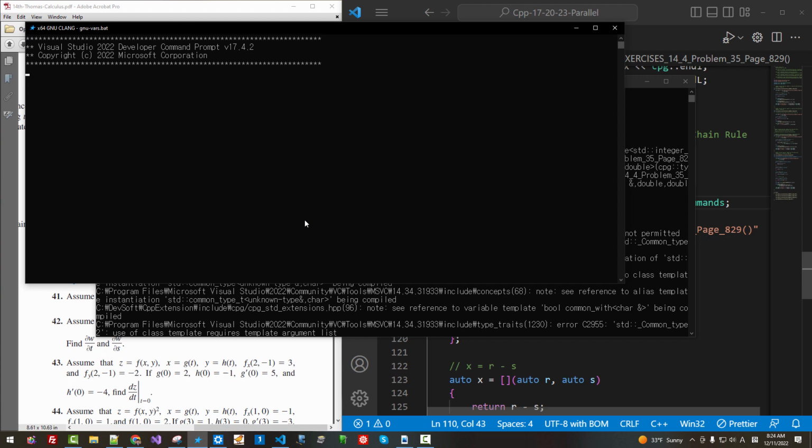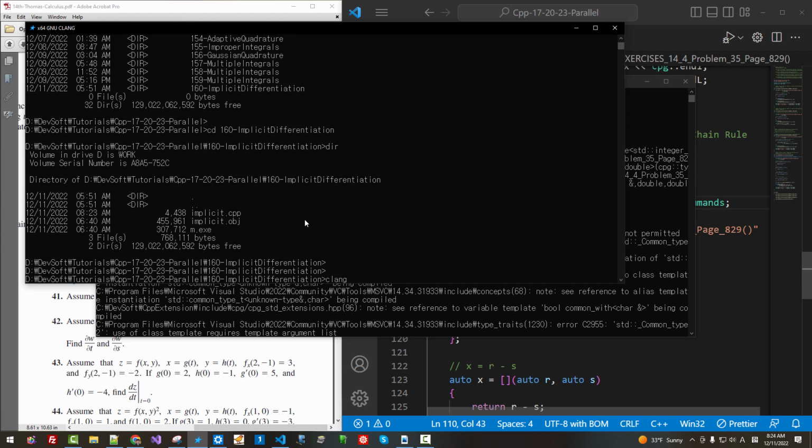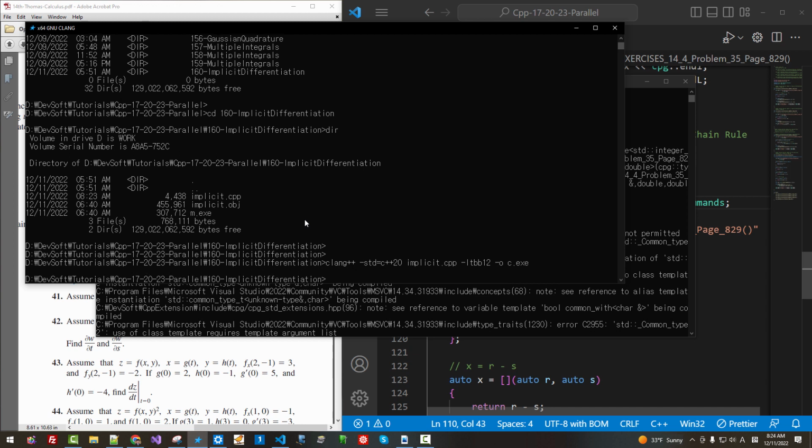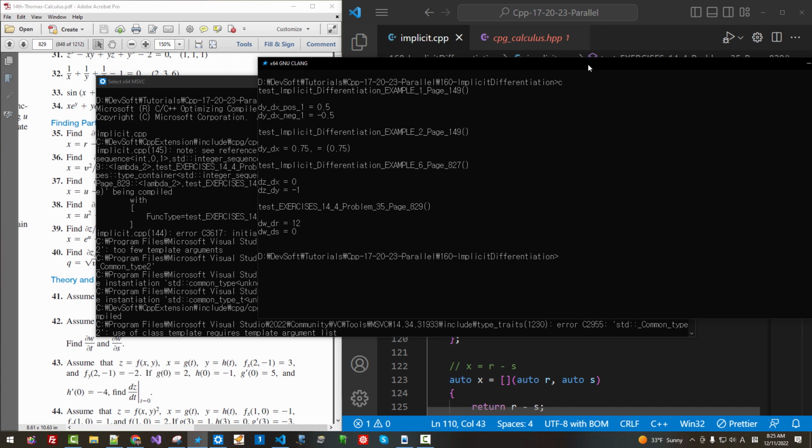Now we will use the Clang or GNU compiler, clang++ with std=c++20, implicit.cpp, and build it. Okay, it built. Wow, the answer is 12 and 0 respectively.